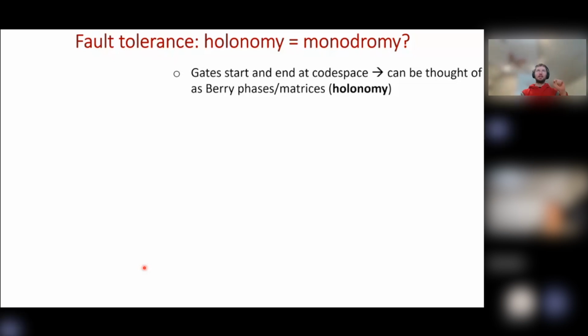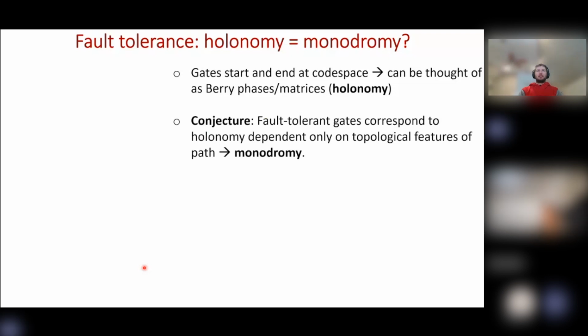And there's a conjecture that any fault tolerant gate can be rephrased as some kind of closed loop path in some continuous parameter space where the holonomy only depends on the topological features of the parameter space.